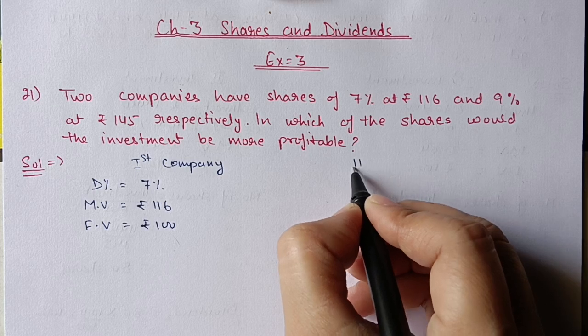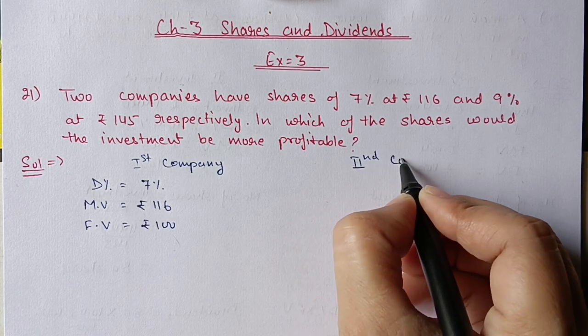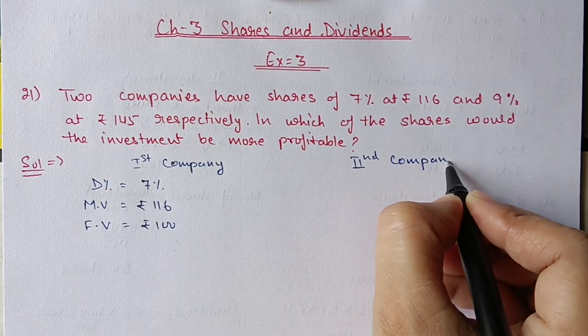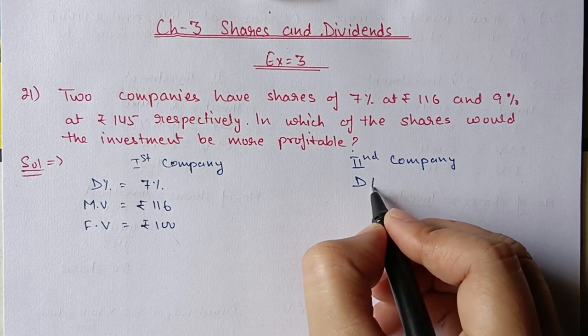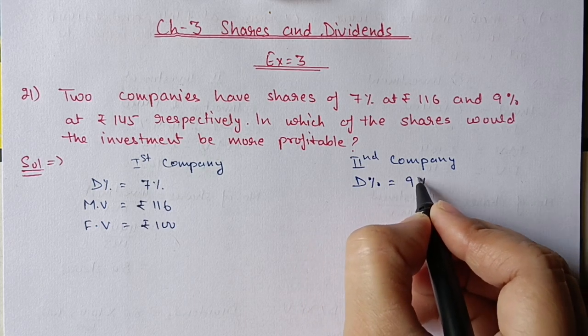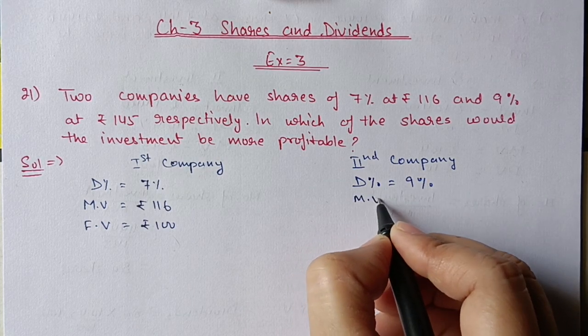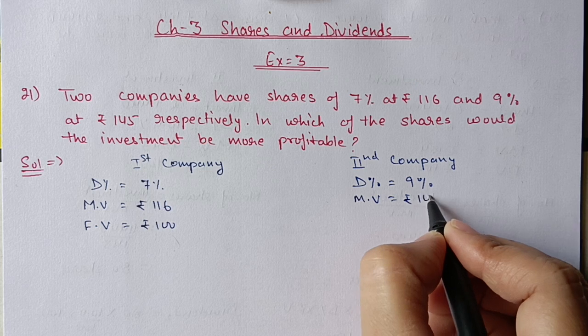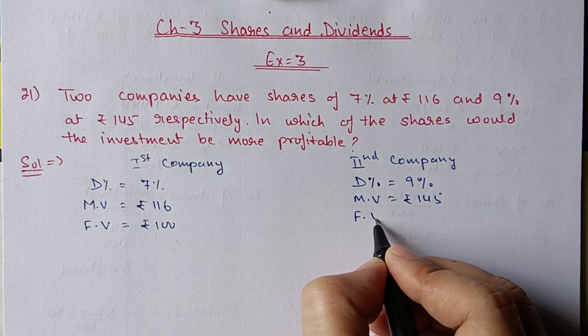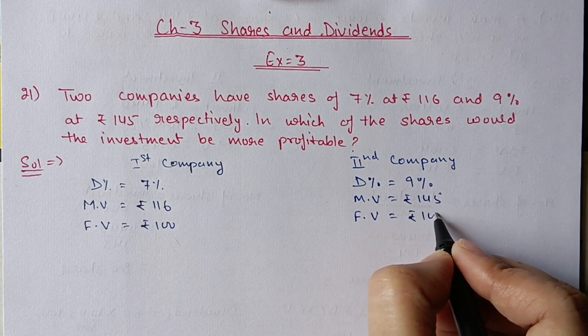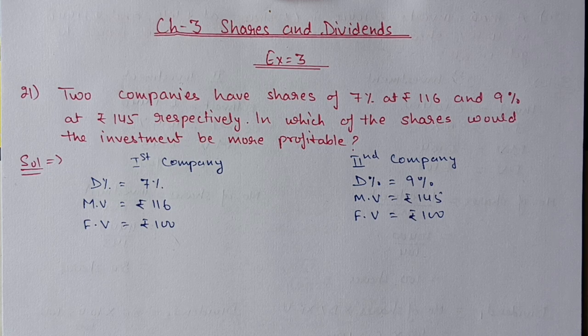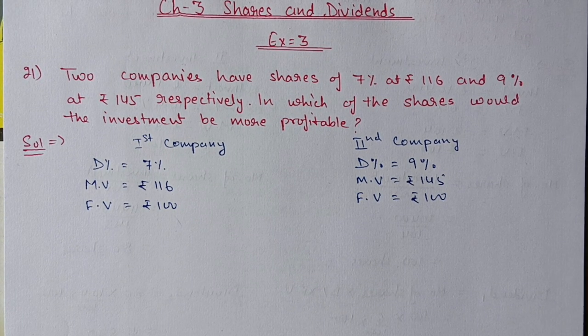For the second company, the dividend percentage is given as 9%. Market value is given as 145 rupees and the face value we will take as 100 rupees. So first we will calculate the dividend for each share.